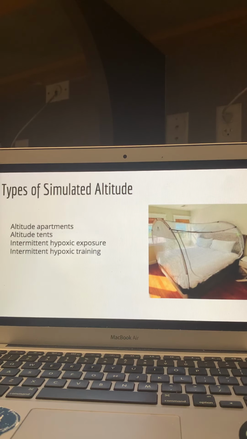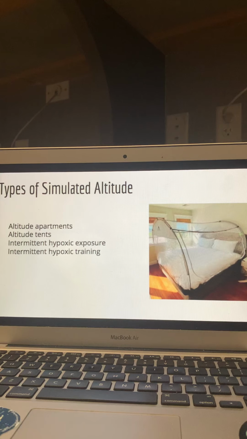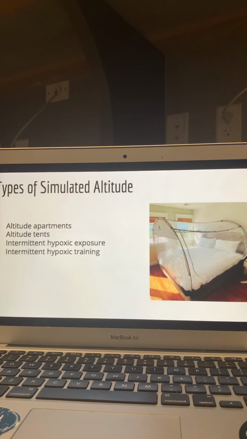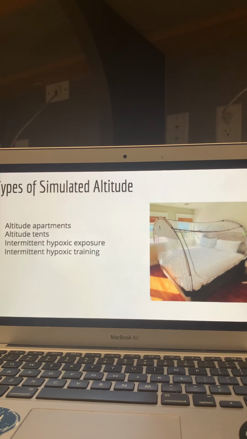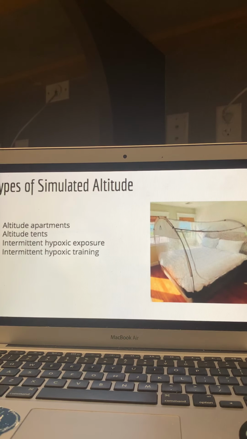An altitude apartment is a sealed off room with lower oxygen levels due to either nitrogen dilution or oxygen extraction. Altitude tents are portable altitude systems that mimic the same process as altitude apartments, also doing nitrogen dilution or oxygen extraction. Intermittent hypoxic exposure: these are short bouts of exposure to hypoxic air when at rest, alternated with normoxic air.